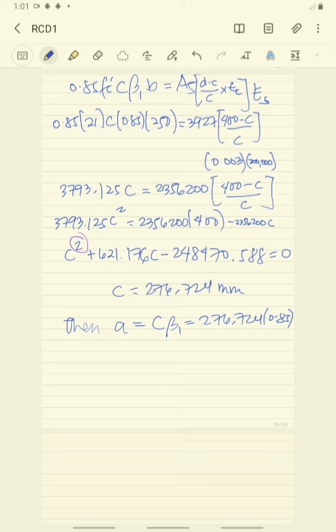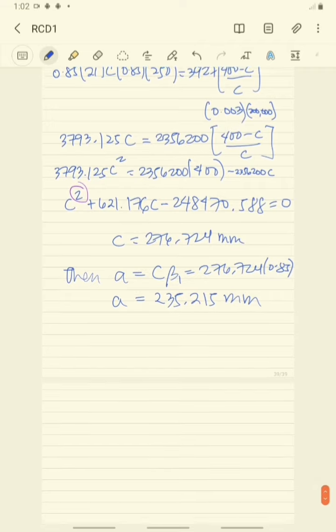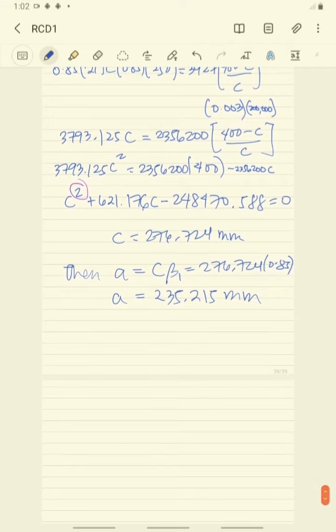It's up to you how you are going to compute the value of c. So for the a, you have 235.215 mm. We check: 276.724 times 0.85 is 235.215. Since we already have the value of a, this is now the correct value of a.